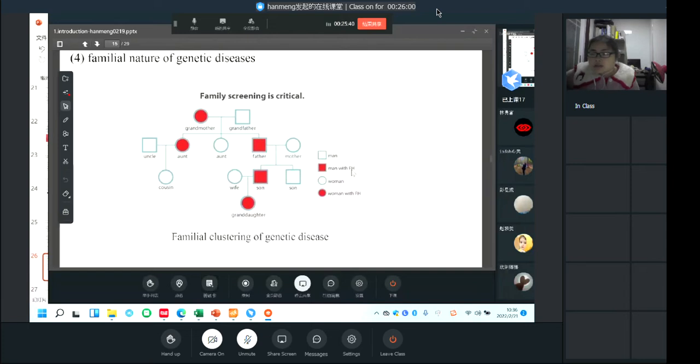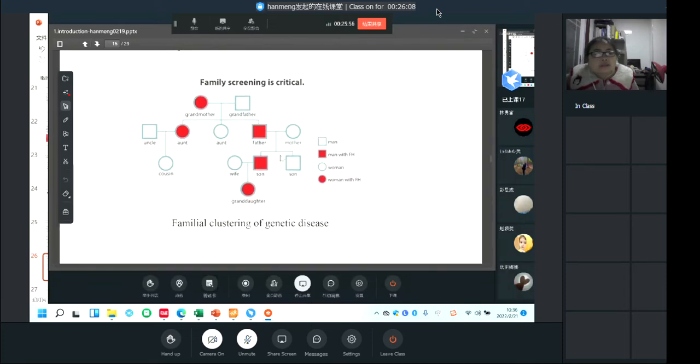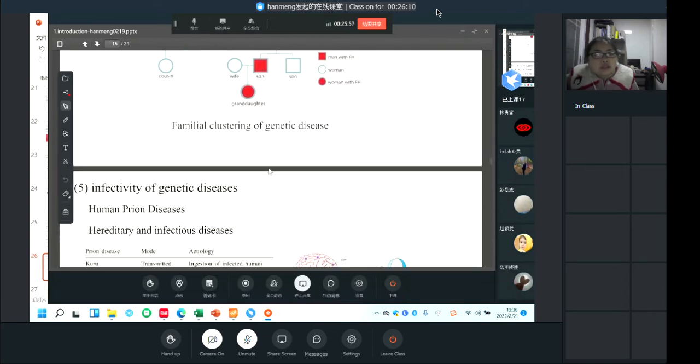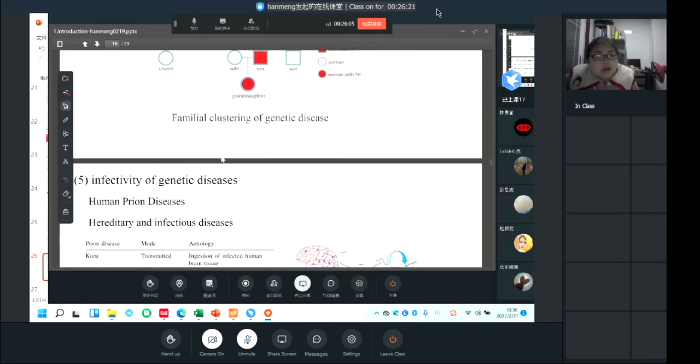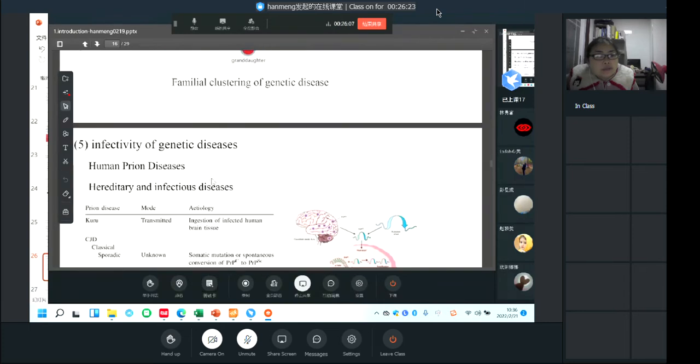Maybe most genetic diseases are not infective, but a few genetic diseases have infectivity. For example, human prion disease is a hereditary and infectious disease.